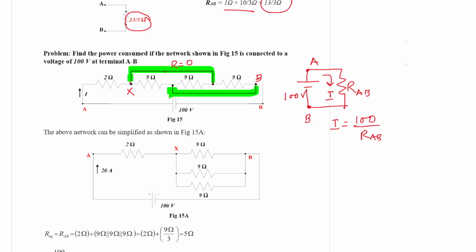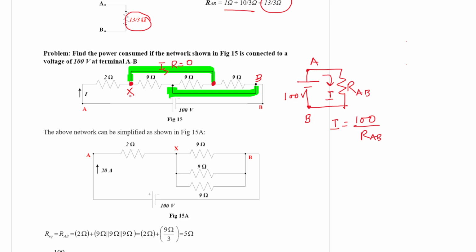So if a current I flows through the short circuit path, then I into R, with R being 0, gives a voltage of 0. That means whatever voltage is here, that voltage appears at this point, because the resistance is 0 and no voltage drop is acting. So if this node is short circuited with some other node, this X becomes this.